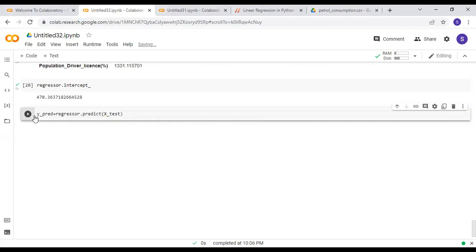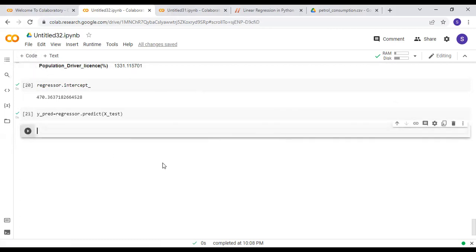What will be my predicted value? Let's see y_pred, my predicted values.